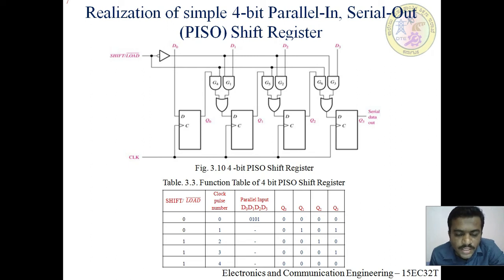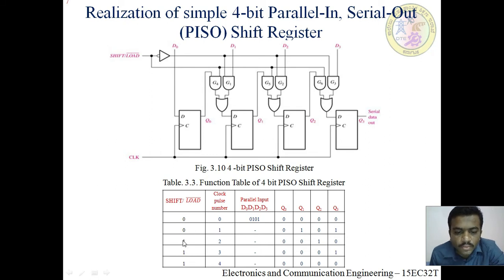It means that the circuit now operates in shift mode. In shift mode, the AND gates G1, G2 and G3 are disabled. The AND gates G4, G5 and G6 are enabled. The outputs of flip-flops Q0, Q1, Q2, Q3 at the end of the first clock pulse will be 0, 1, 0, 1.